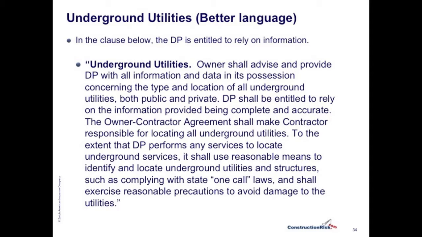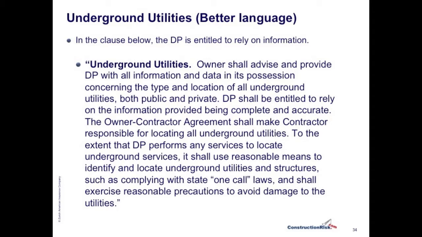"Owner shall advise and provide the design professional with all information and data in its possession concerning the type and location of all underground utilities, both public and private. Design professionals shall be entitled to rely on the information provided being complete and accurate. The owner-contractor agreement shall make contractor responsible for locating all underground utilities.